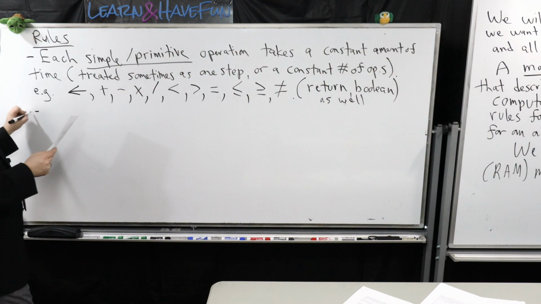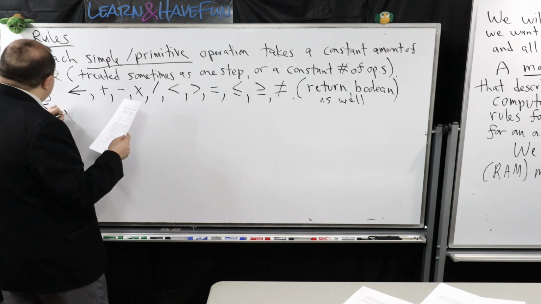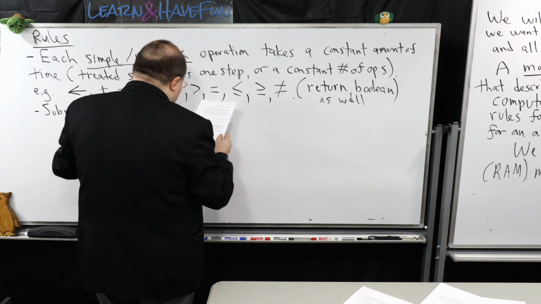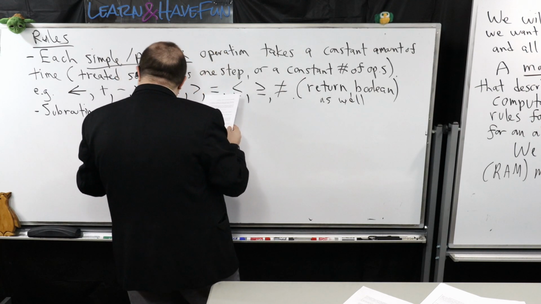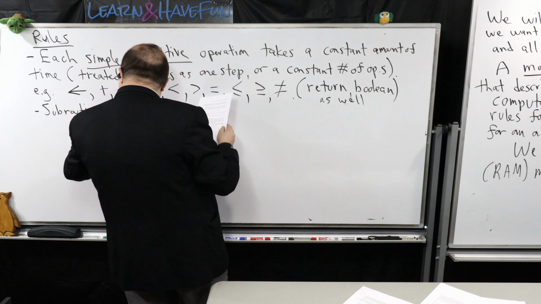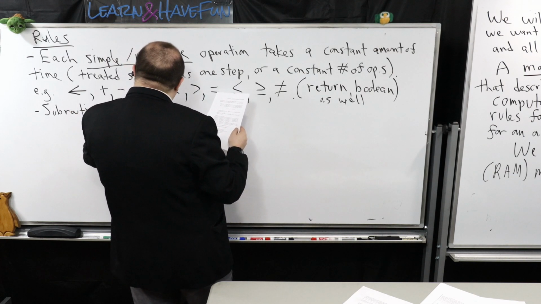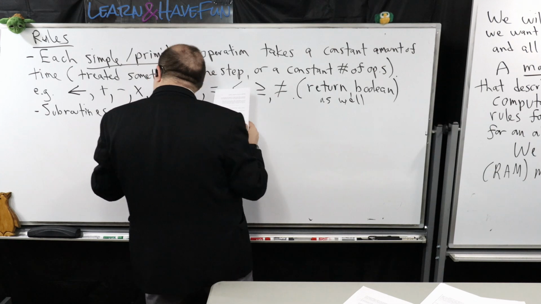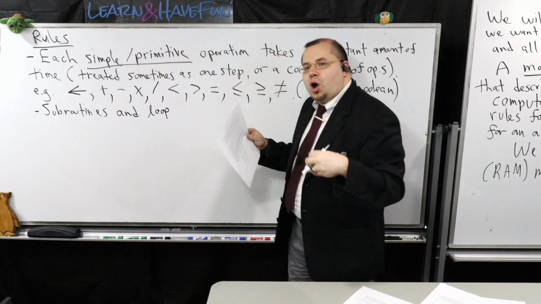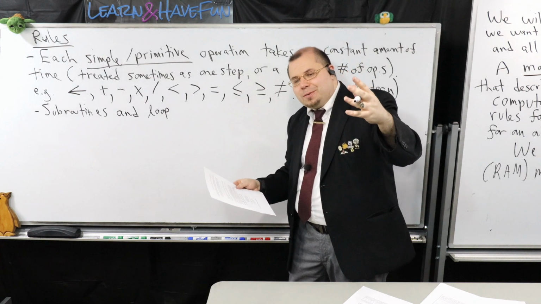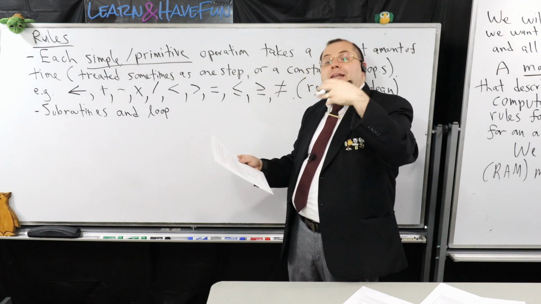Then one thing I need to also say is that subroutines and loops. So I'm just going to finish up here. We only got one more rule after this. Subroutines and loops. So for those that are not familiar with the term subroutine, it's a way of me saying you call a function in your algorithm. Just like when you have a function that's solving a problem, your function might call another function.